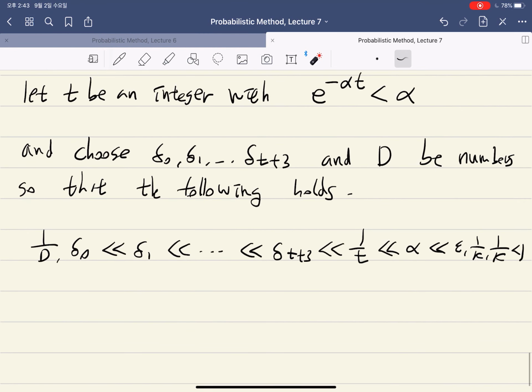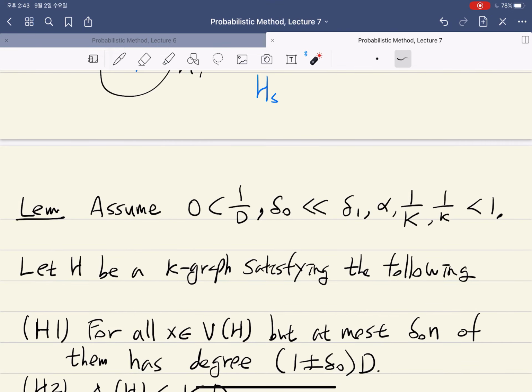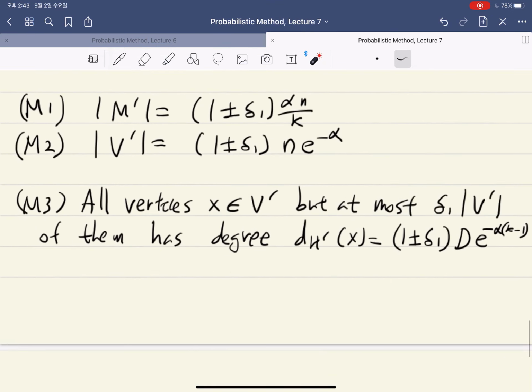So here we choose this because initially we have a hypergraph that is almost regular, and the almost regularity is so strong, measured by delta 0, and then we apply the previous lemma once. We can do that because these two numbers satisfy a certain relation, which makes sure that this lemma can be applied.